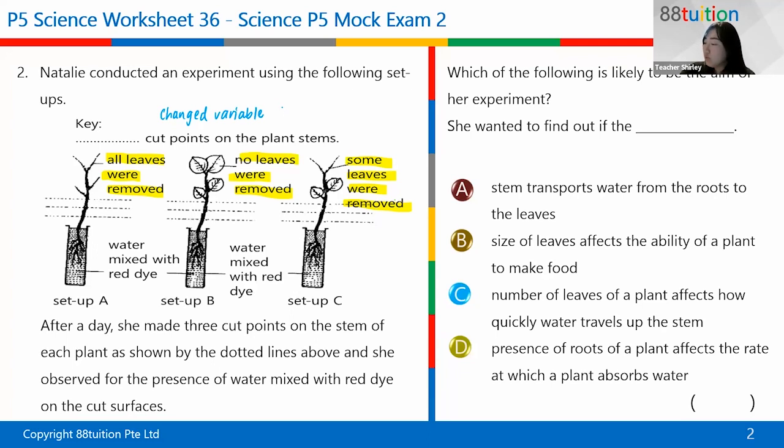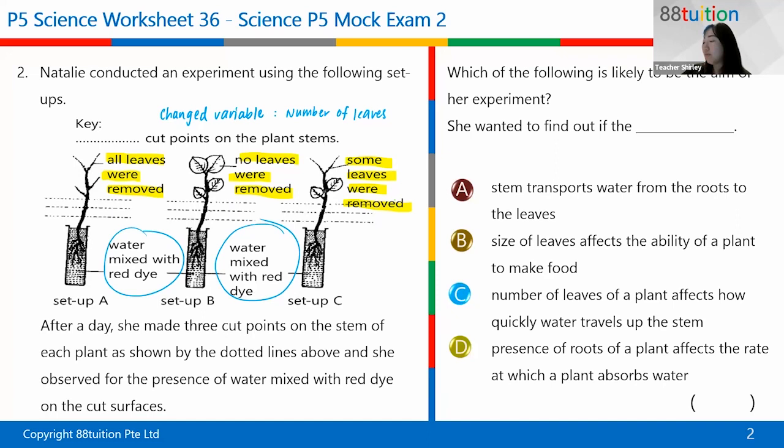In this case, the change variable is the number of leaves on the respective plants, because everything else is the same. If you notice, water mixed with red dye, water mixed with red dye, everything is the same. Only the number of leaves is different.